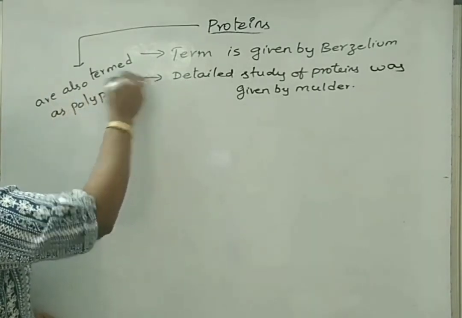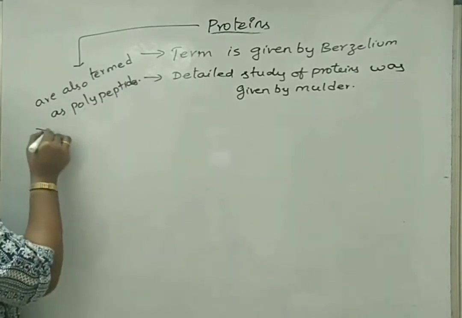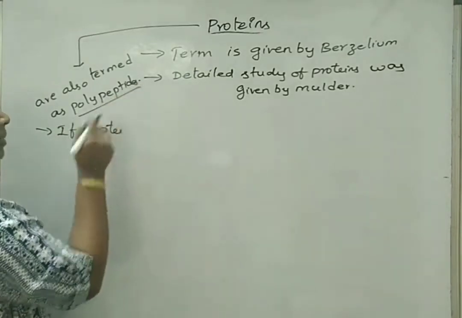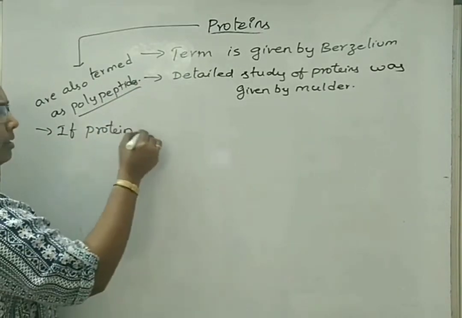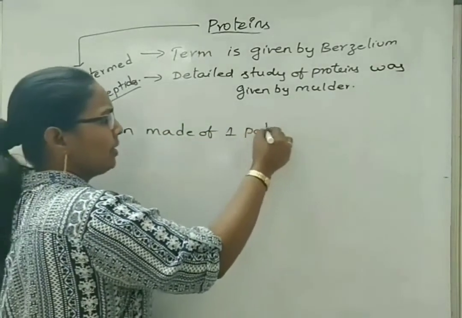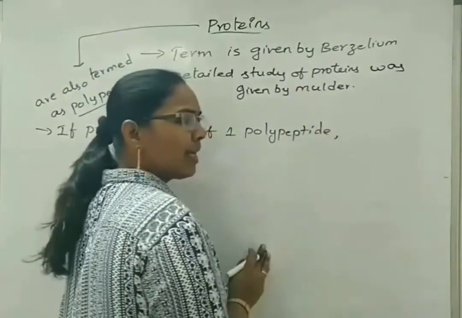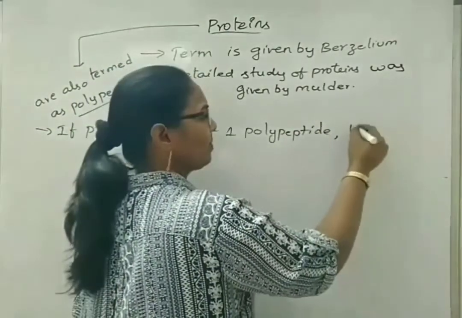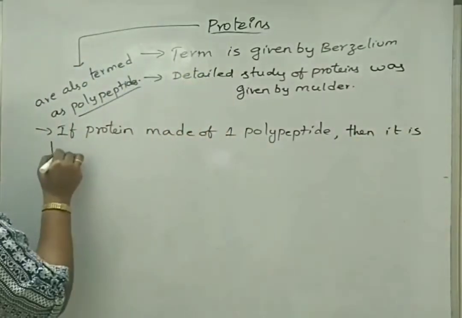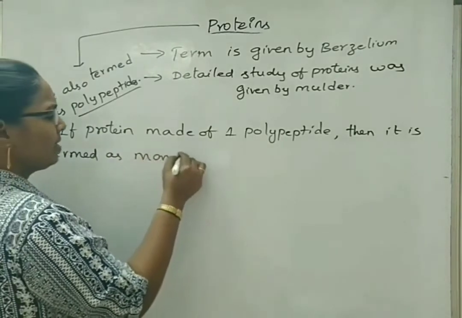Polypeptides. Now, if the protein is made up of one polypeptide, meaning one polypeptide is behaving as a complete protein, then it is termed a monomeric protein.